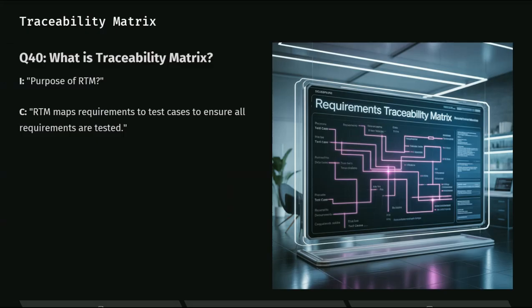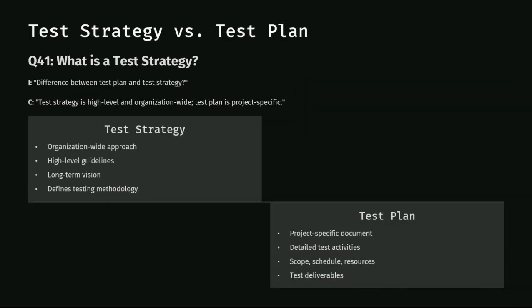40. What is traceability matrix? RTM maps requirements to test cases to ensure all requirements are tested. 41. What is a test strategy? Test strategy is high level and organization wide. Test plan is project specific.